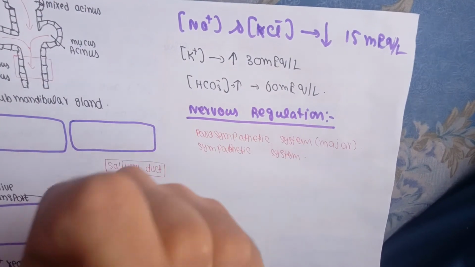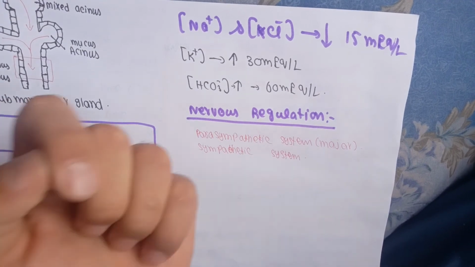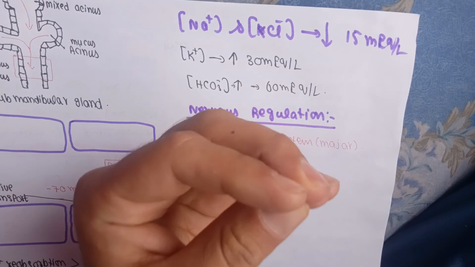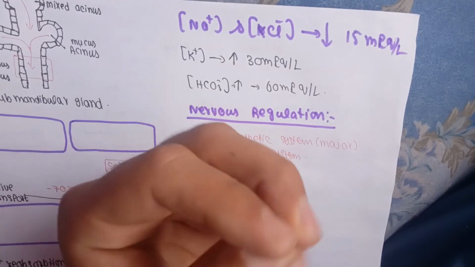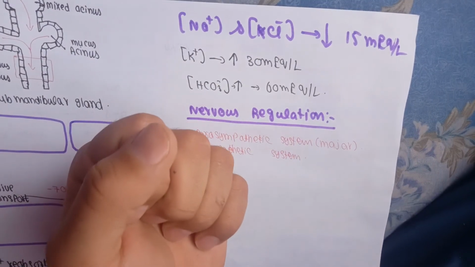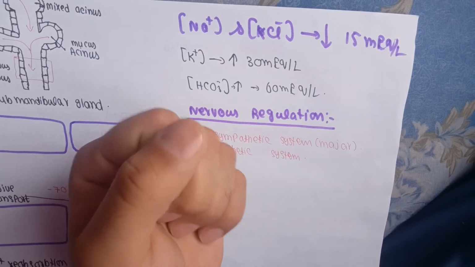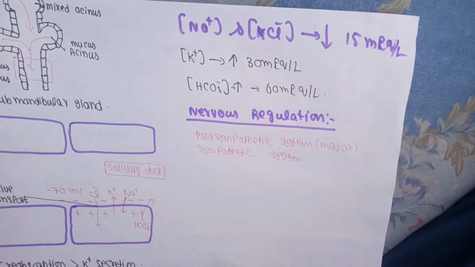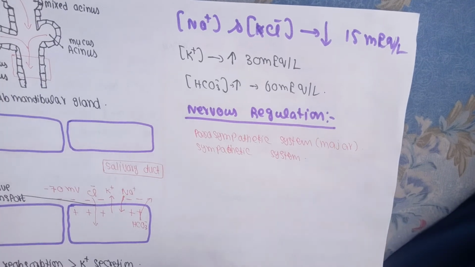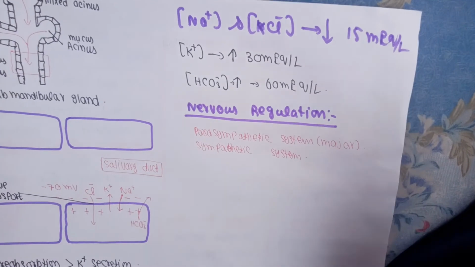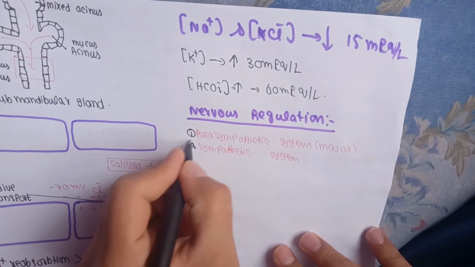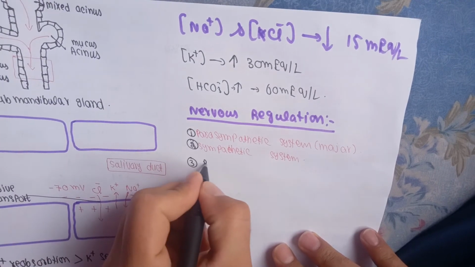Another thing which I discussed earlier: sympathetic stimulation also increases salivation, but this increase is very small compared to parasympathetic stimulation. Another thing that also increases salivary secretion is the blood supply to the salivary gland.